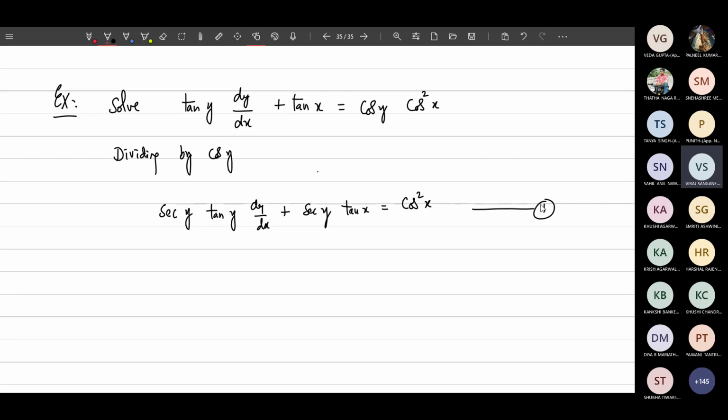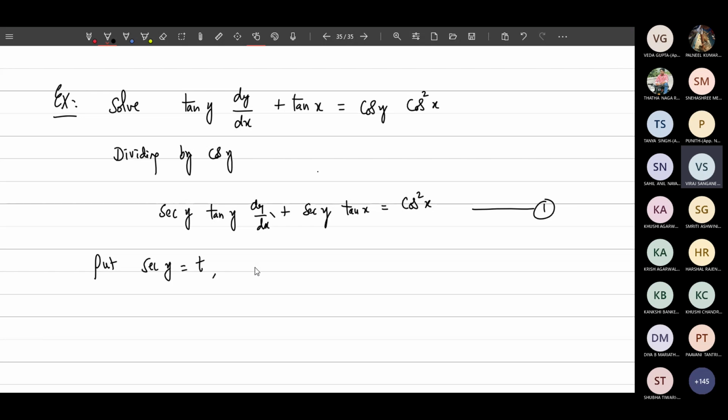So this is equation 1. Now put suitably secant y is some t, so that secant y tan y dy by dx is dt by dx. That is the way it has to go. Put secant y is t. There is no standard way of doing that, but you have to get rid of the right hand side, either purely a function of x or purely a function of y. This way it works out.